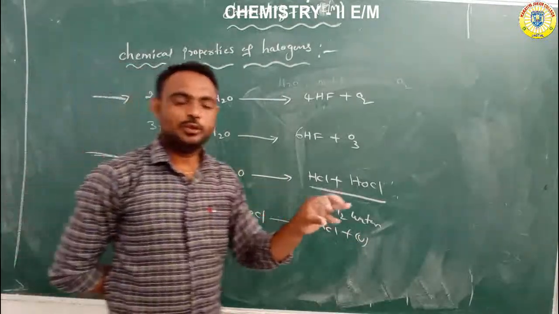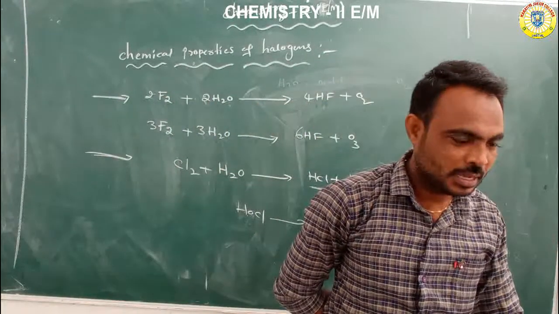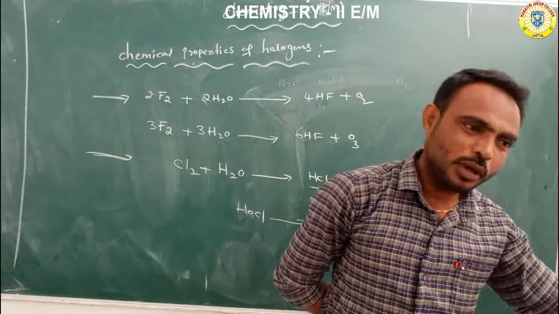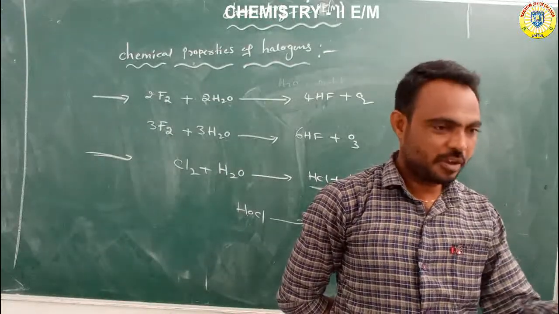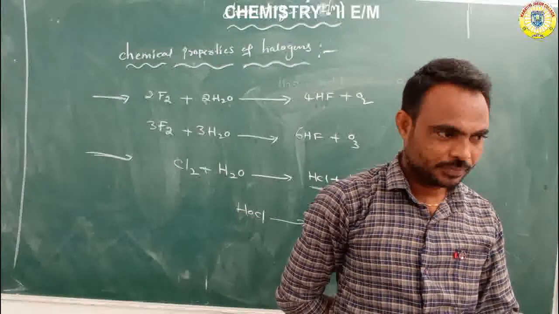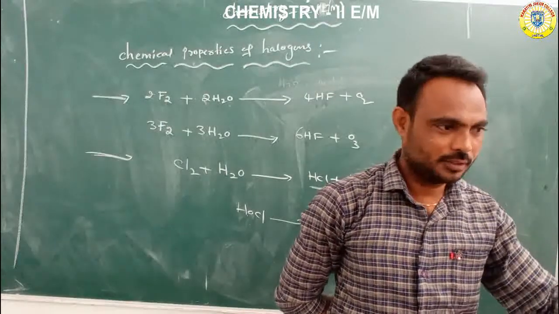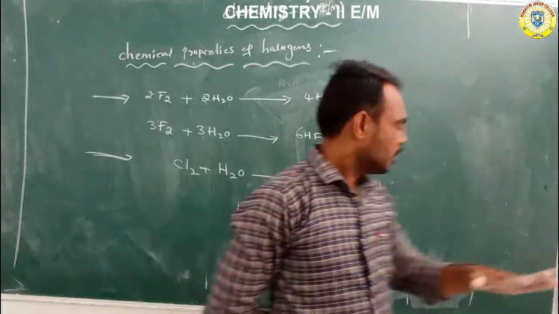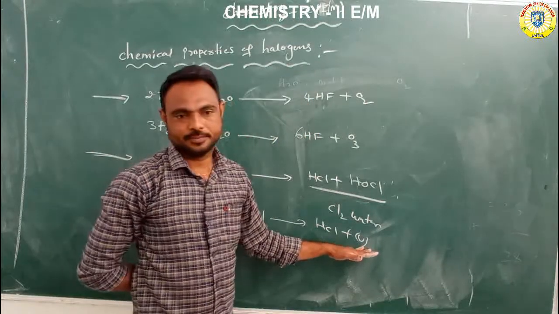It is mainly used for bleaching purposes. What is the meaning of bleaching? Colored compounds are converted to colorless compounds. It is mainly used in paper factories and textile factories to remove impurities on the surface of cloth. So it is nascent oxygen.